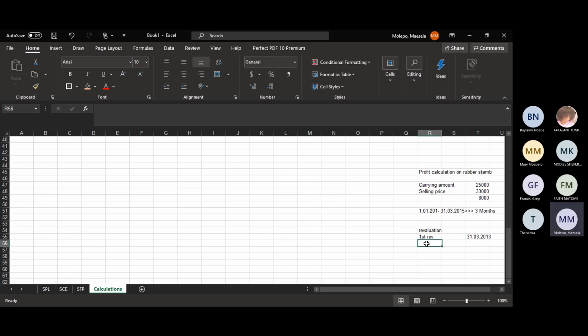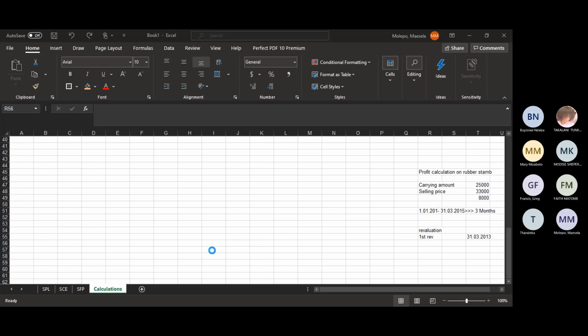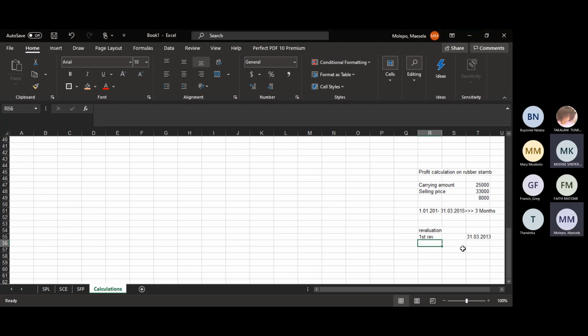So based on adjustment number 3, when will be the next revaluation? That will be in 3 years, in 2016, 31 March 2016. So the next revaluation will be on 31 March 2016.